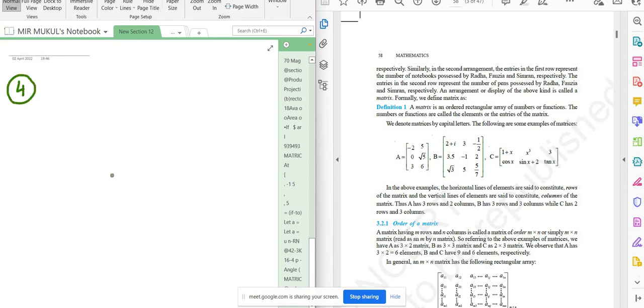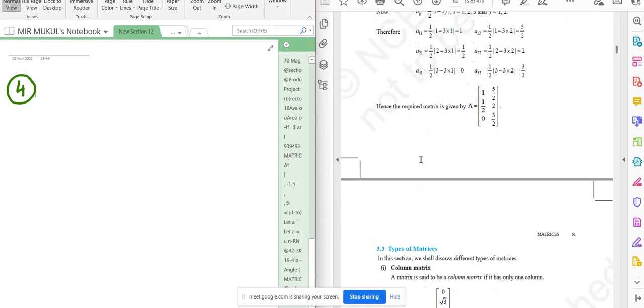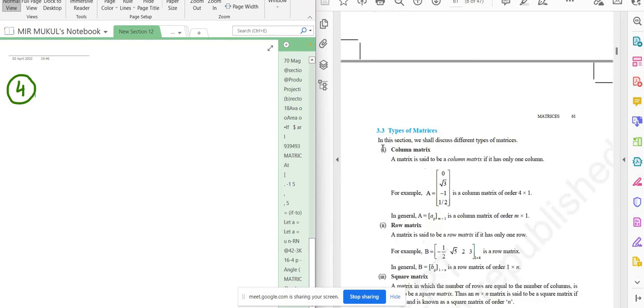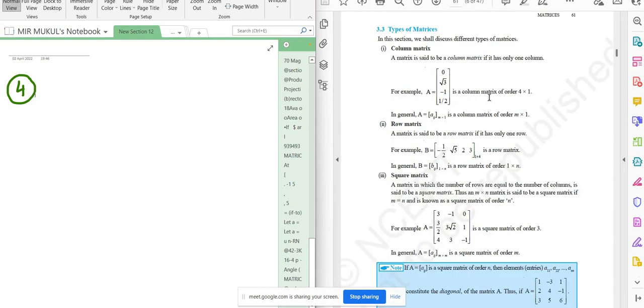Fourth type of matrices I am explaining.